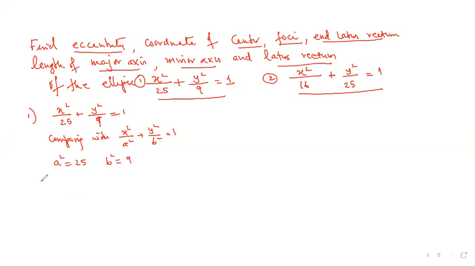So the eccentricity's formula, can you tell me now? Root of a square minus b square upon a. Calculate it. Root of 25 minus 9 upon 5, that means 4 by 5.